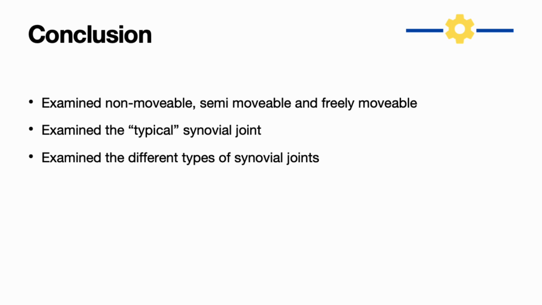We examined the typical type of synovial joint and the things that are found in synovial joints: a joint space, a joint capsule, the synovial membrane as the inner part of the joint capsule, the fibrous outer portion that gives strength, the presence of articular cartilage covering the bones, and then potentially some additional things like menisci, or pieces of cartilage in the joint between the bones.